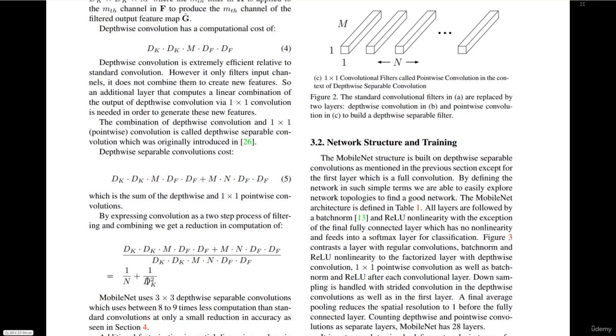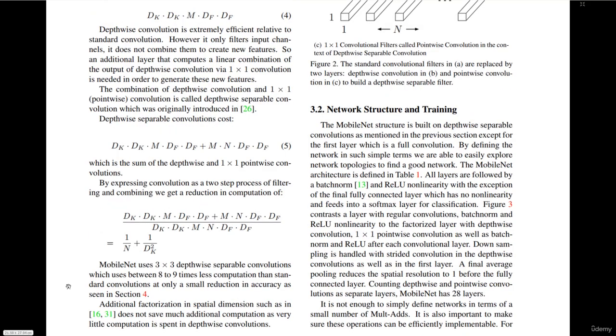This tries to tell us that the more we increase n and the more we increase dk, the number of operations for the depthwise separable layer is small compared to that of the usual conv layer. And they say here that the MobileNet uses 3x3 depthwise separable convolutions, which use between 8 to 9 times less computation than standard convolutions, at only a small reduction in accuracy, as seen in section 4.